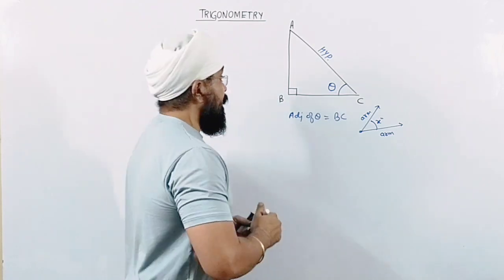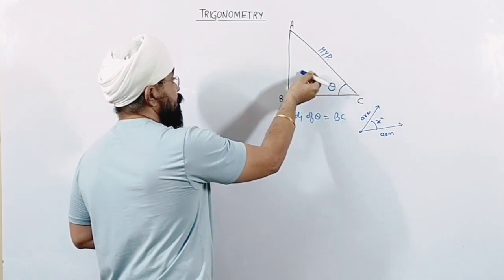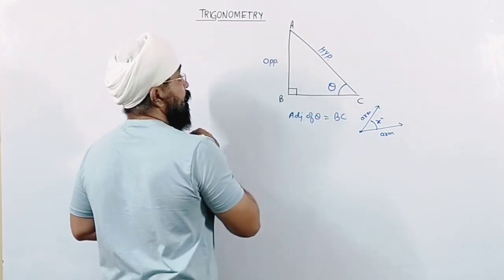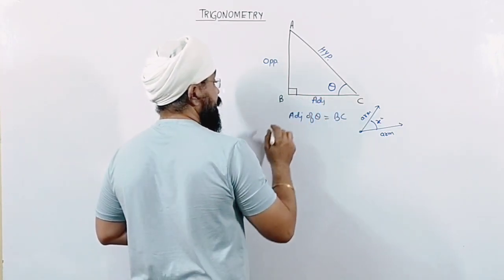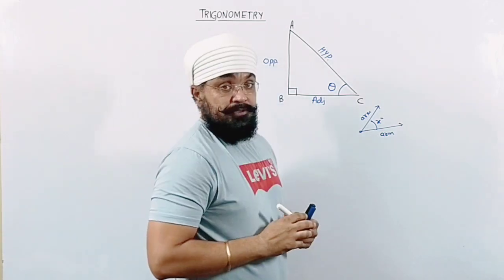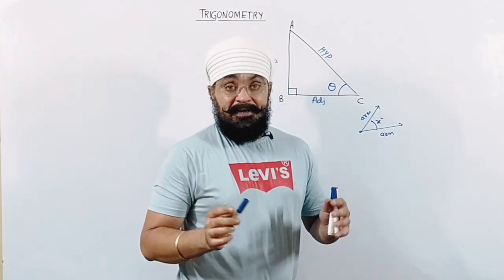Clear? And one more side is the side opposite to this angle, so I'll write opposite. I am using ADJ for adjacent, and opposite. Now there is a relationship between the side and the angle.